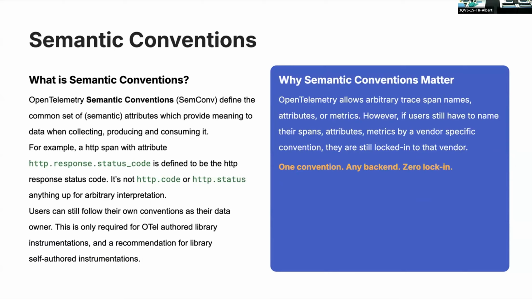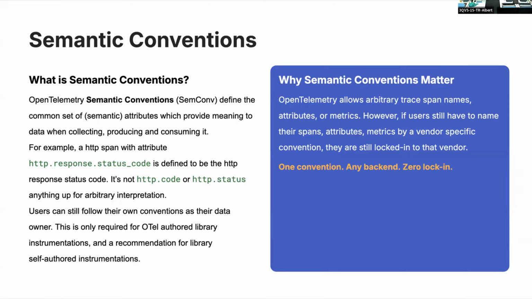And there's also another important part in the OpenTelemetry effort, which is that people are standardizing semantic conventions inside the observability world. The reason the semantic conventions matter is that if we are going to create a span and attach, say, the HTTP response status code to the span, traditionally we could name this span attribute HTTP code or HTTP status or anything that could be specific to a backend.